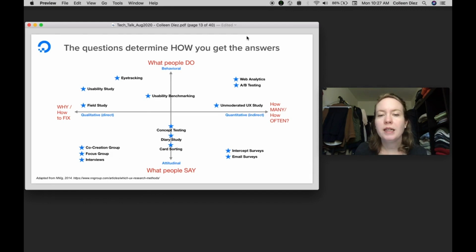And really it's showing you, based on what you're trying to learn, how you get the answers to your questions. So if you are looking to understand what people are doing with your product, and how many people are doing something particular with your product, then A/B testing or web analytics is probably a great tool for you.